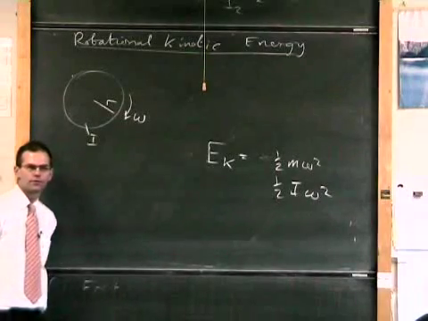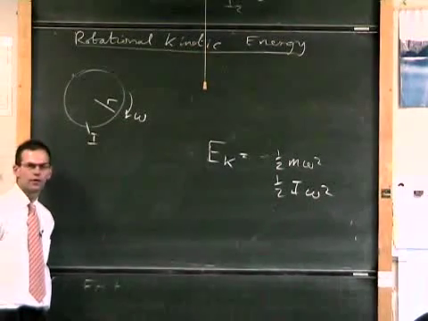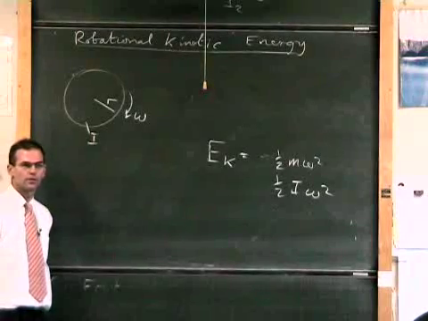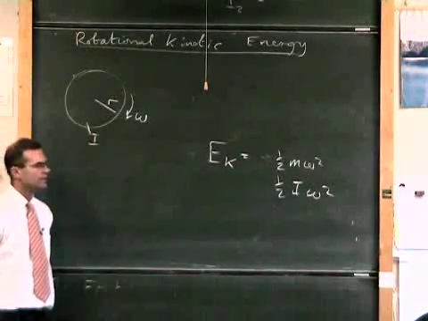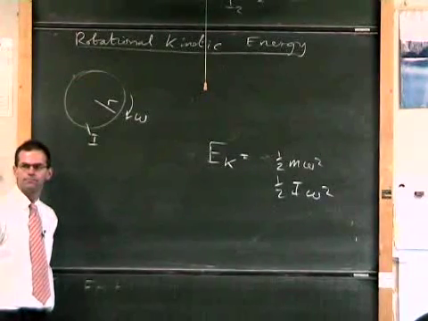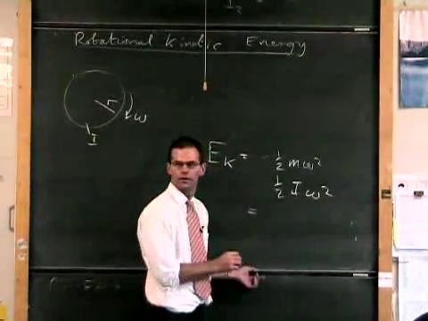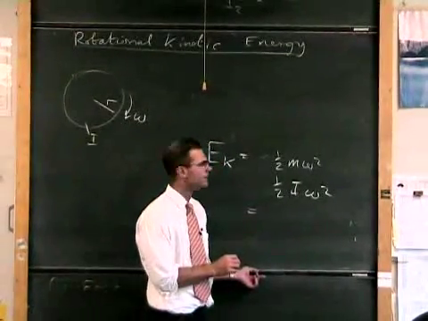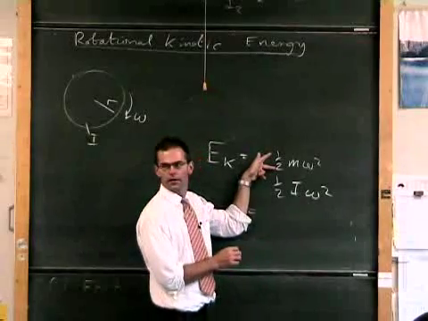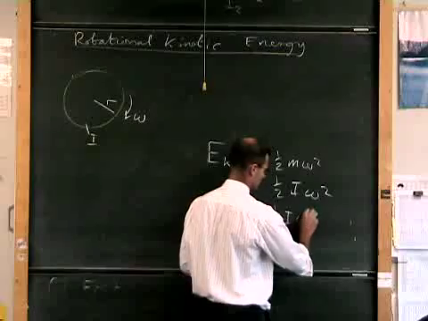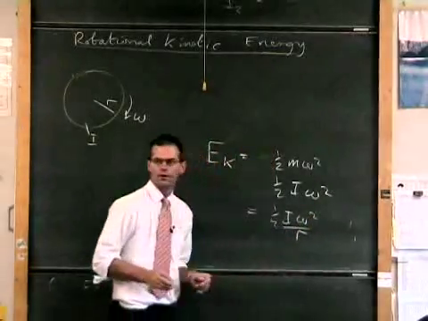Any other thoughts for rotational kinetic energy of an object, moment of inertia I, rotating at omega, radius r? That one there divided by r. Okay.